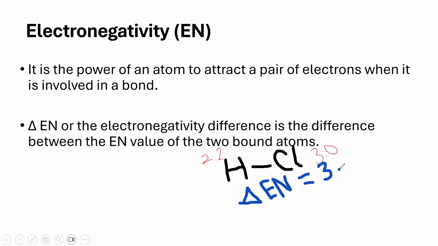So 3 minus 2.2 equals 0.8. And this is the electronegativity difference in HCl.